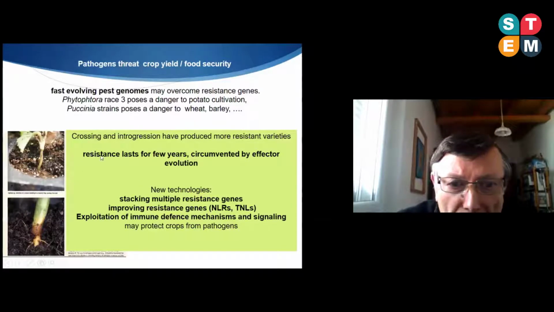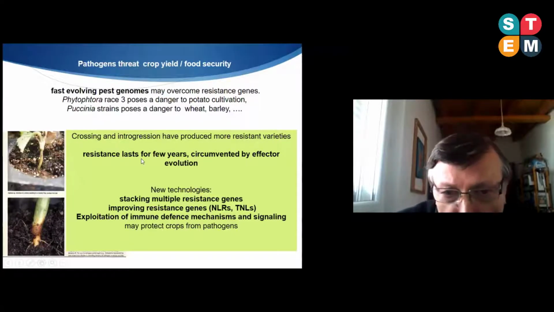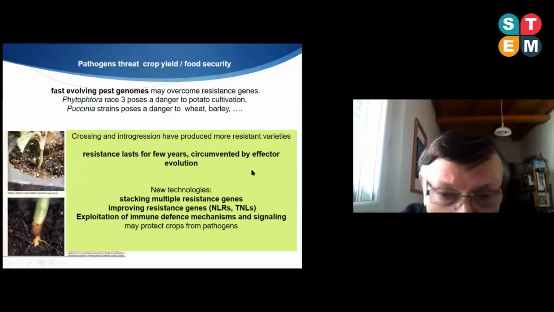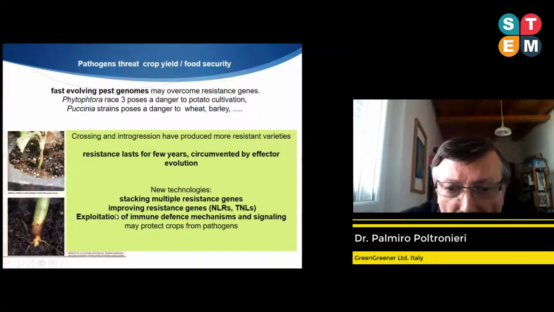So today we have good varieties that are resistant to their pathogens, but this resistance lasts for a short period. So evolution brings us new strains that are more invasive, and we now have modern technologies available that make it possible to improve resistance genes or introduce several resistance genes at the same time.